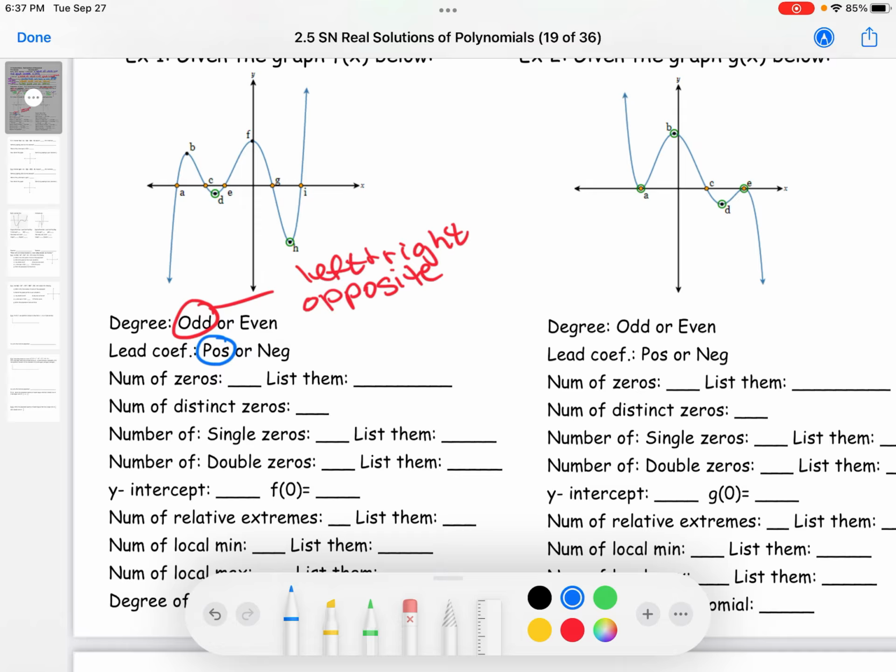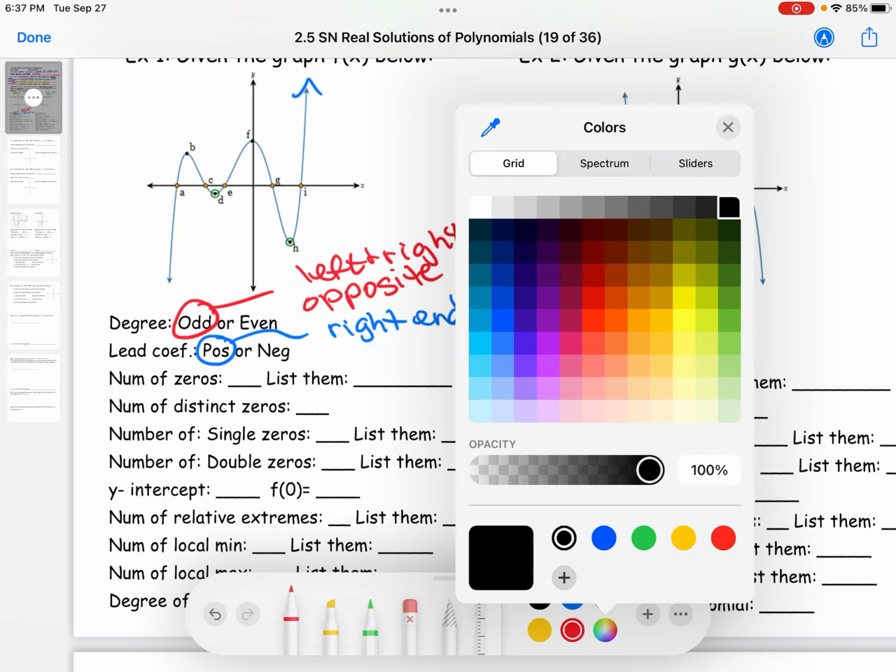This is a positive leading coefficient because the right end goes up.